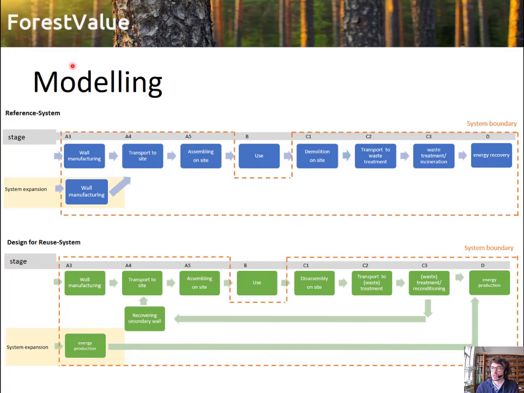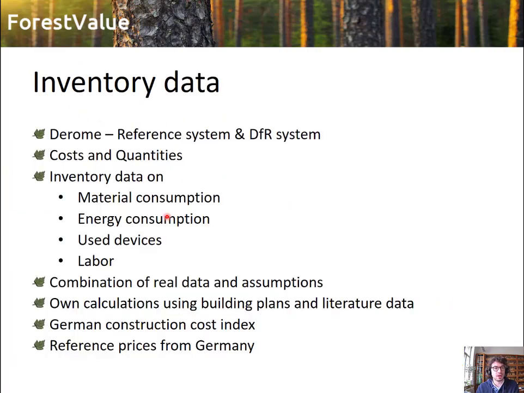So now we are filling all these processes with data. That's usually the next step, collecting the inventory data. And of course, as we're focusing on the Dürram Villa Anneberg, we are requiring data directly from Dürram. What does data mean? It means, of course, cost data as well as quantity.